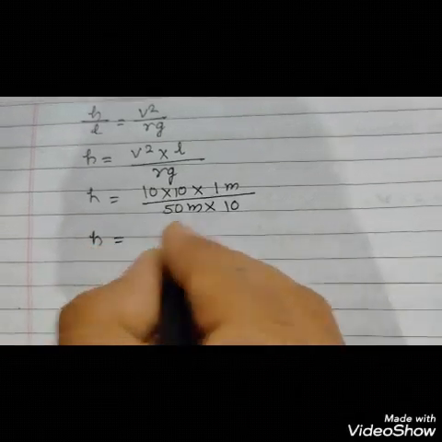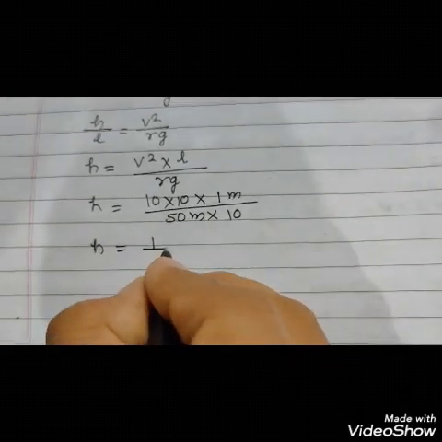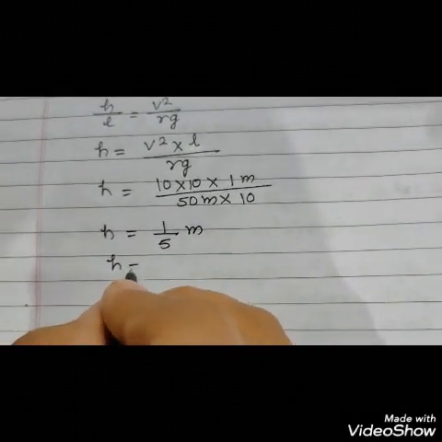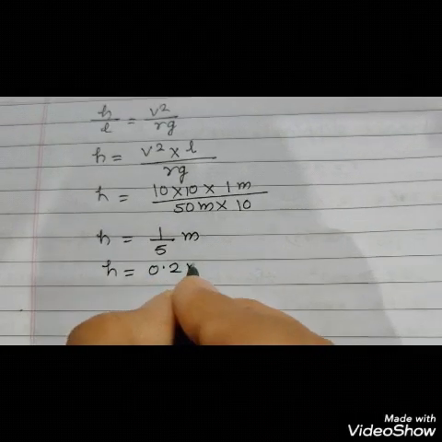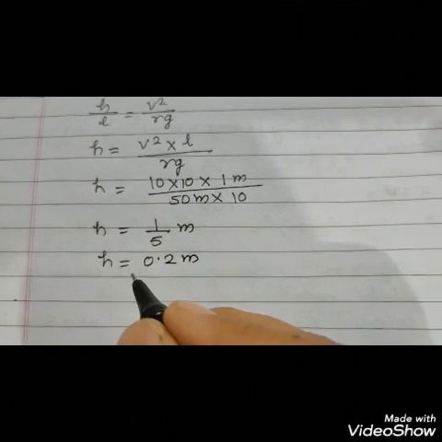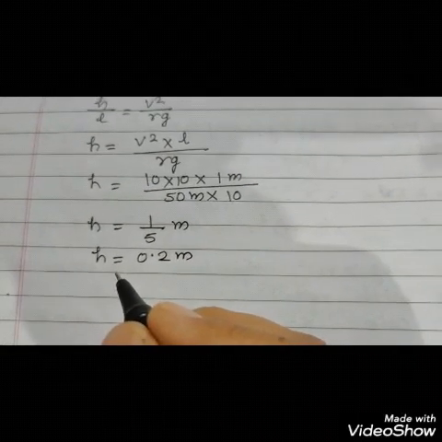So h is equal to, 10 would be cancelled, 0 would be cancelled, it will come 1 upon 5 meter, or we can say 0.2 meter. So this will be the elevation of the outer track from the inner track.